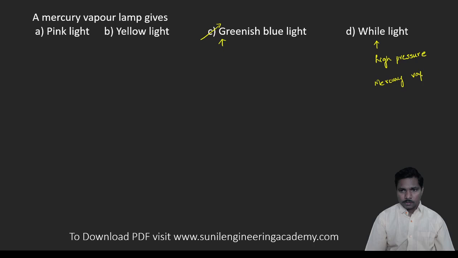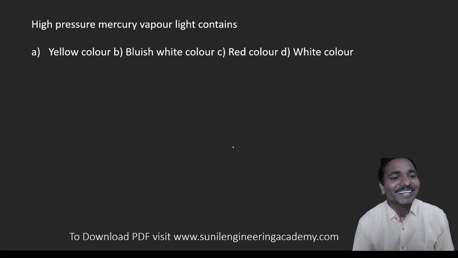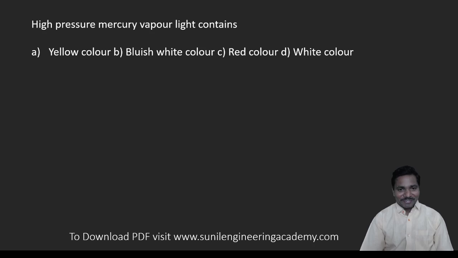Coming to the next one. High pressure mercury vapor light contains dash color, that is white color. So the answer is option B.